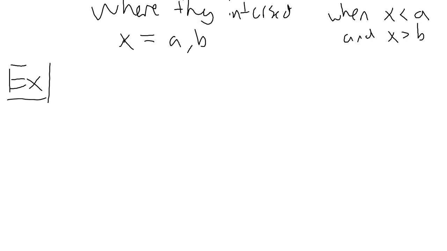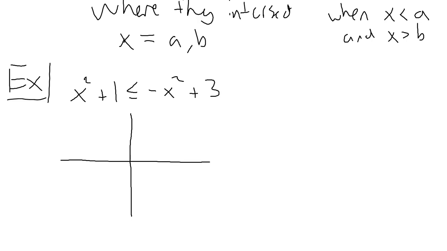So an example, let's say I had this inequality, x squared plus 1 is less than or equal to negative x squared plus 3. So one thing I can do is graph these as two separate functions. I can graph x squared plus 1, which looks like this, and then negative x squared plus 3, which looks like this.